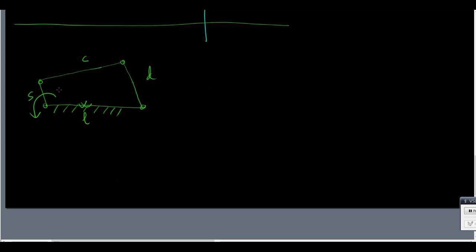This one will do a full revolution relative to that also. Why? Because remember, we had fixed the shortest link in the other calculation. So L, C and D each does a full revolution relative to S. Conversely, S does a full revolution relative to C and D as well as L. So what happens here is this is a crank and that's a rocker.